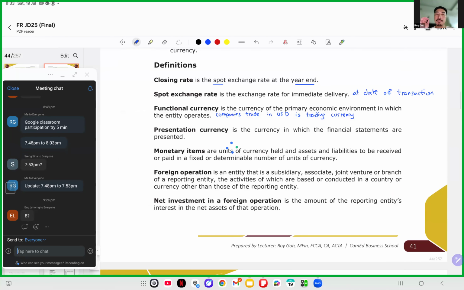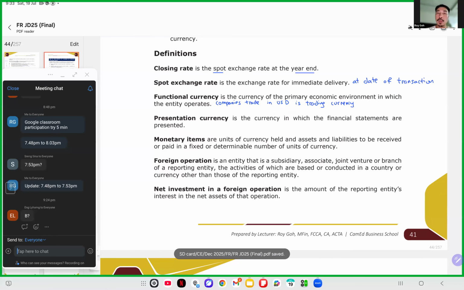Yes. What's called presentation currency? Because your company is incorporated in Cambodia, your reporting currency is the presentation currency. Your reporting currency is different from your functional currency.